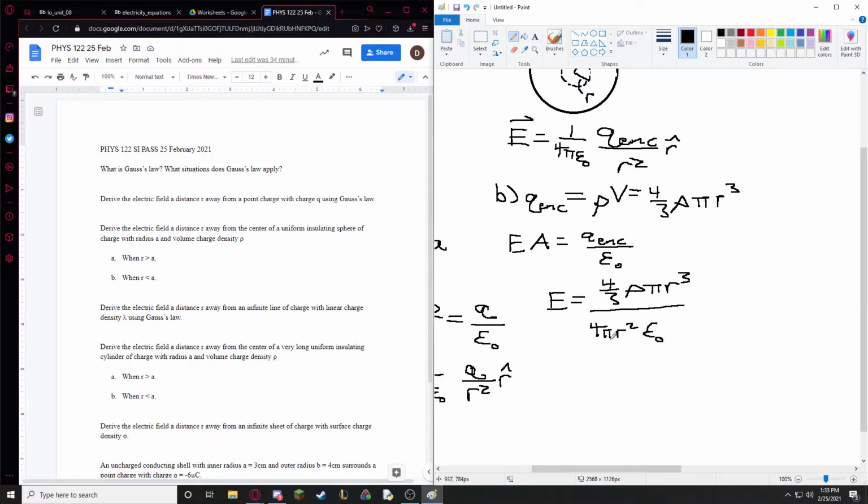Now we go ahead and cancel things out. The 4 pi cancels out, r squared cancels out, so we just have r on the top, and we have rho times r over 3 epsilon naught in the r hat direction.